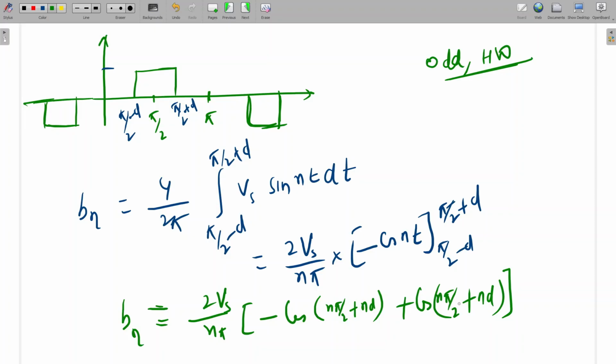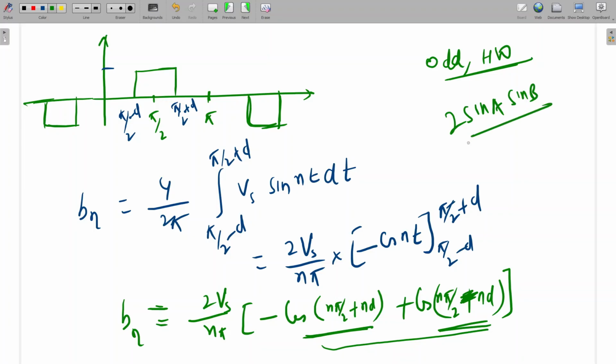So cos(A plus B) formula is cos A into cos B minus sin A into sin B, and here also cos A into cos B plus sin A into sin B. Here it will be minus. So this is minus cos A cos B plus sin A sin B, and plus cos A cos B plus sin A sin B. So what will be the actual value after addition? 2 sin A into sin B. Is it correct?